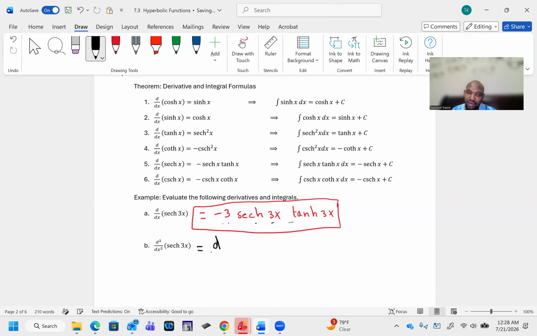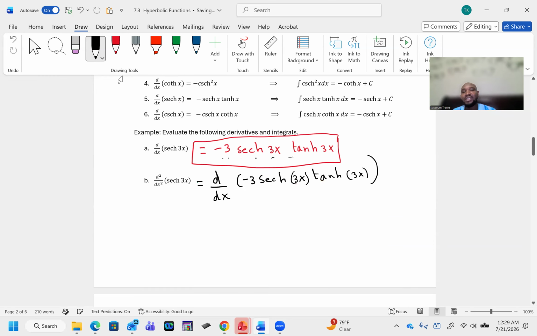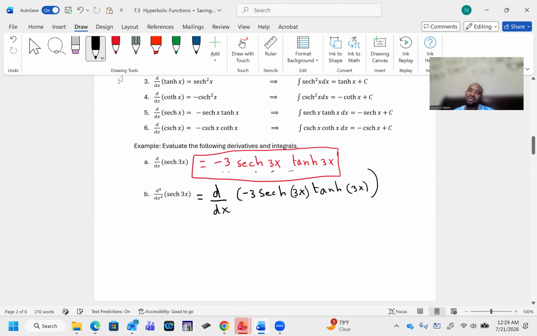So we need to find the derivative of negative 3 sech(3x) tanh(3x). You can see to find this derivative, we have to use the product rule, because we have the product of two functions.